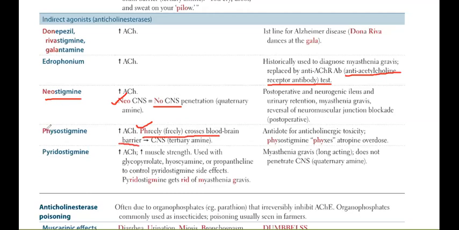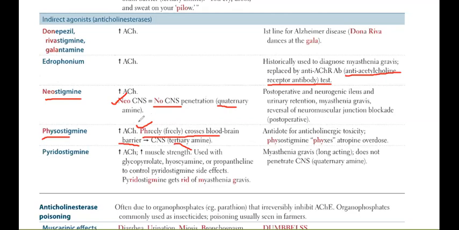So you have to remember the difference between neostigmine and physostigmine. Neostigmine has a quaternary structure, a quaternary amine, whereas physostigmine is a tertiary amine. Because of its quaternary structure, neostigmine does not cross into the CNS. You can remember it as neo for NO: no CNS penetration.